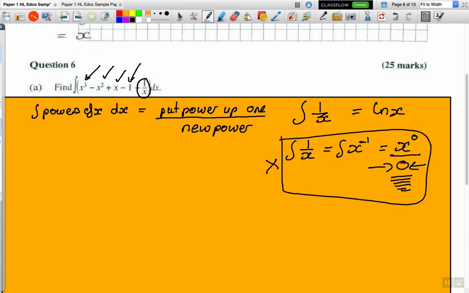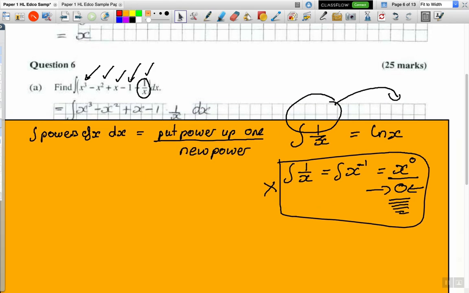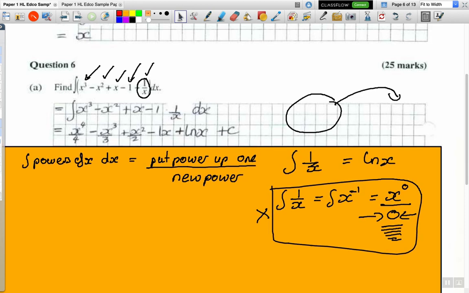What that should prompt you to do is go and look at the formula book, and the formula book will tell you that the integral of 1 over x is ln x. So in actual fact, we can do this all in one go. Put the power up 1, so it becomes 4, divide by the new power 4. Put the power up 1 becomes 3, divide by that new power 3.